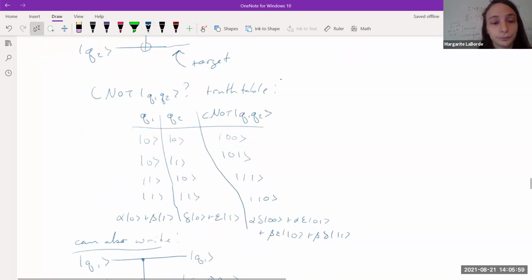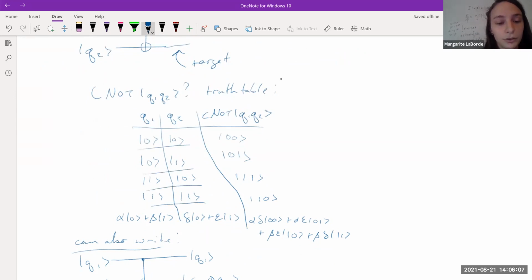If you look at the truth table, these are your four basis states: 00, 01, 10, 11. You can see that the action of the CNOT is to flip the second bit if and only if the first bit is 1, and this is your outcome there.